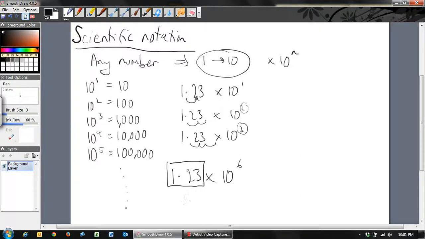So 1.23 times 10 to the 6 would be 1, 2, 3, and then the decimal place starts there, but it moves 6 spots: 1, 2, 3, 4, 5, 6, and finishes there. In between, we've just got all these zeros. So the actual answer is 1,230,000. That's a bit about scientific notation.